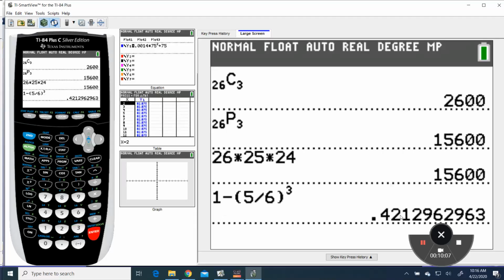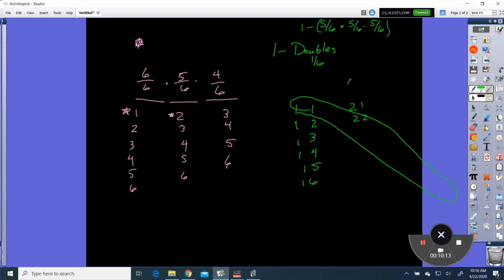So 42% chance. So never getting doubles, you have a 42% chance out of 3 rolls. Okay, which would mean to get doubles, you have a 58% chance out of 3 rolls.